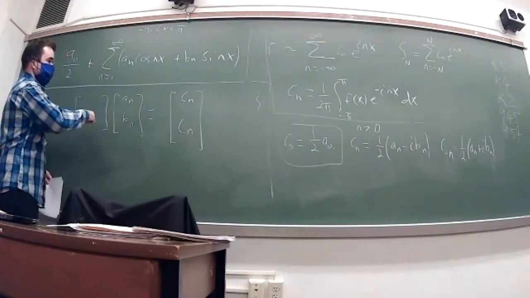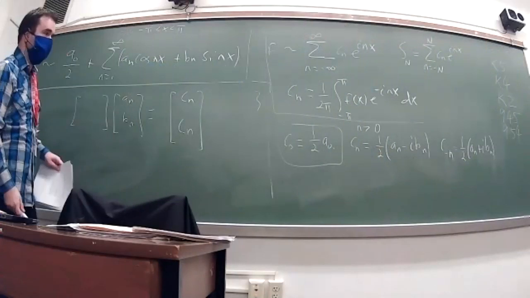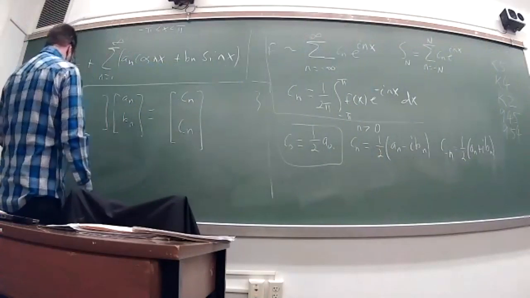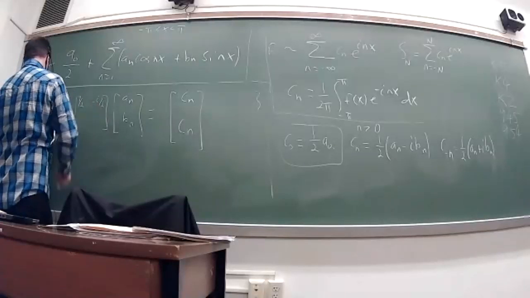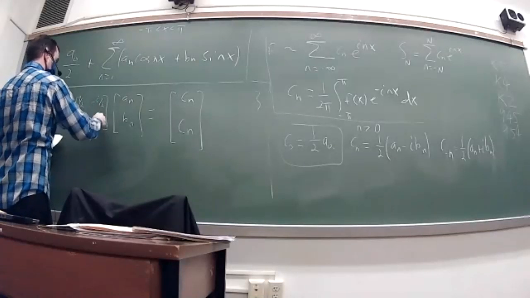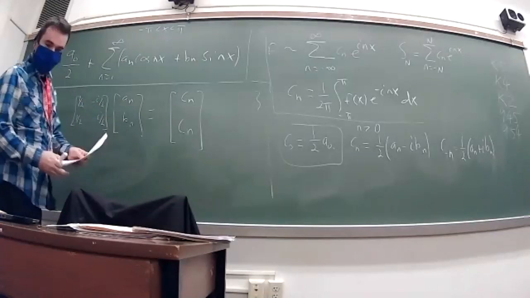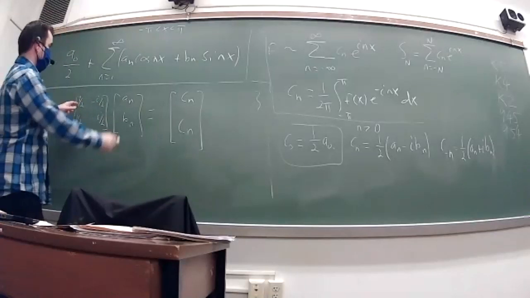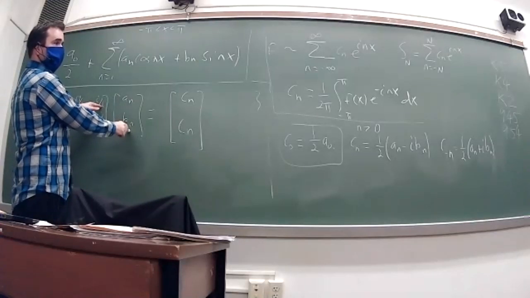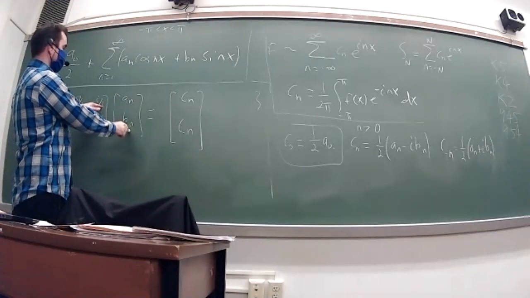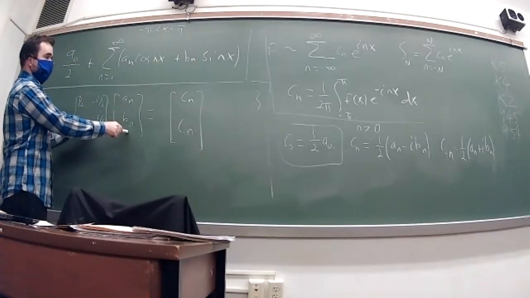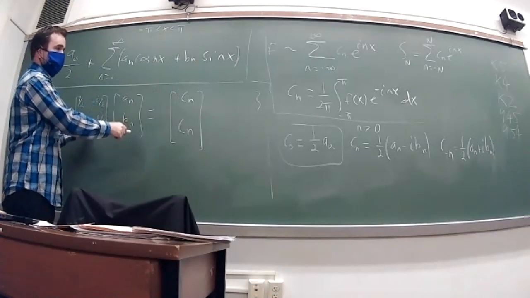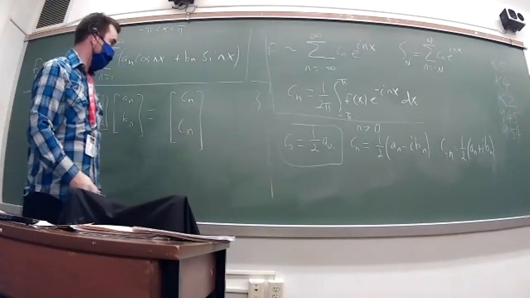So for any particular n, you'll get equations like this. Isn't it 1/2 and then minus i over 2, and then 1/2 and i over 2? So (a_n minus i b_n) over 2 equals c_n, and (a_n plus i b_n) over 2 equals c minus n.